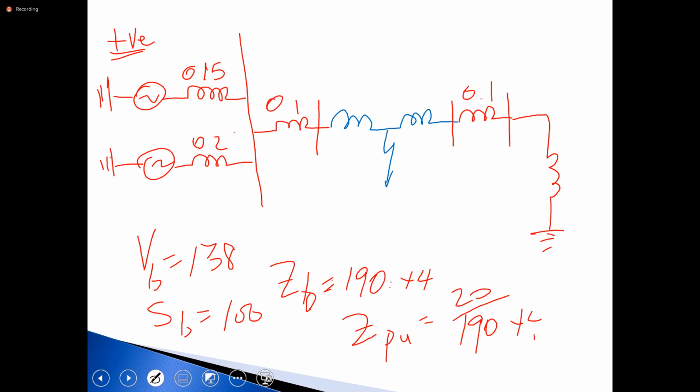We divide it by 2, so we get 0.05251. So the line is divided, and this is what you'll have for your positive sequence.